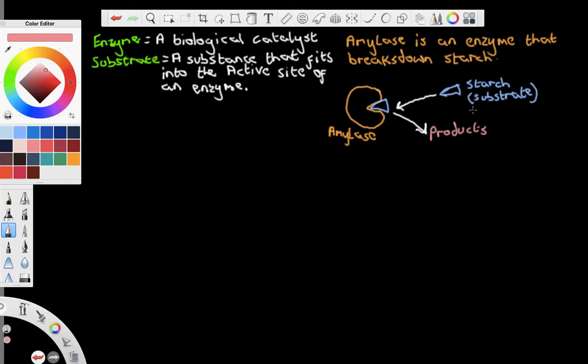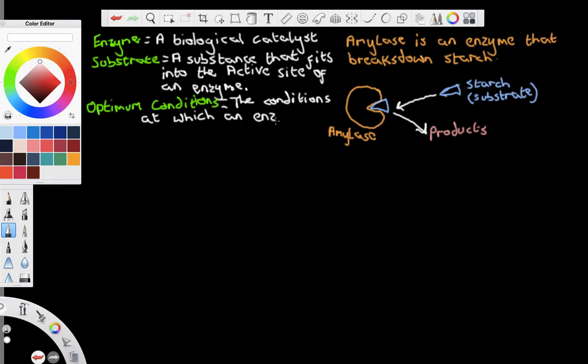Now we've also said in previous videos that all enzymes have optimum conditions. So the optimum conditions can be defined as the conditions at which an enzyme works best.